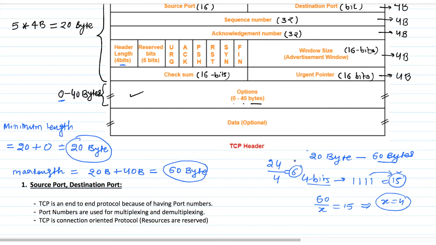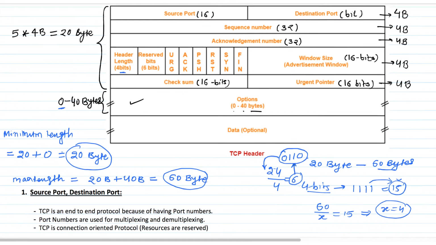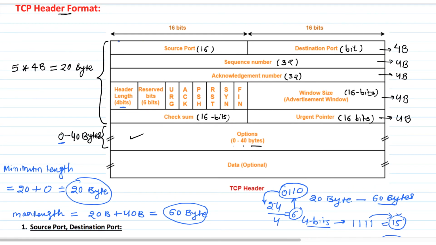This 6 will be represented in 4 bits as 0110, and the header length field will contain this number when the header is 24 bytes long. We have already seen this in detail while discussing the IP header. Now let's discuss each of these fields one by one.